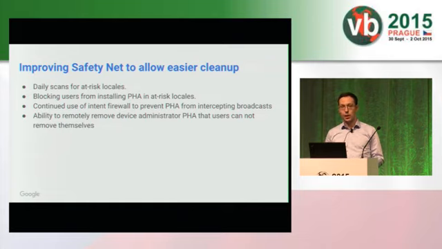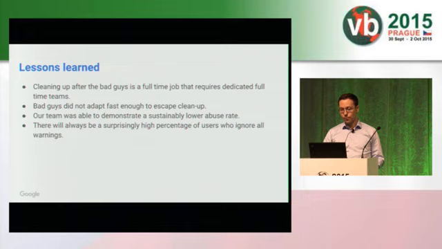We have the ability to target the blocks instead of warnings by locale. We want to continue to use the intent firewall to isolate applications from system messages, system notifications, and so on, so we can remove them. And we have the ability to remotely uninstall device administrators.